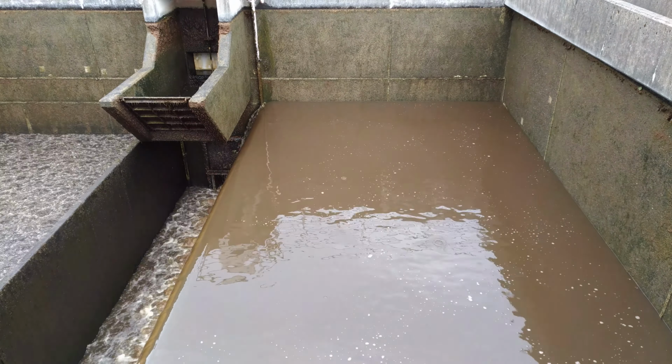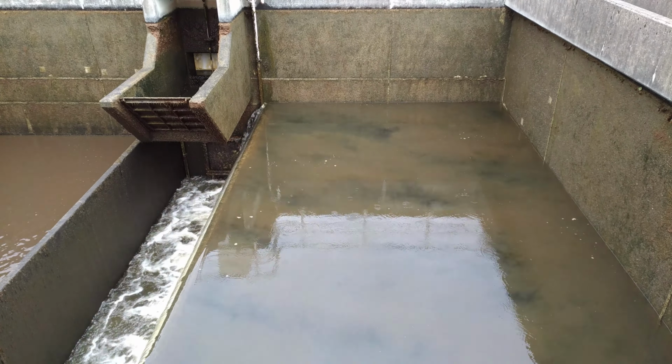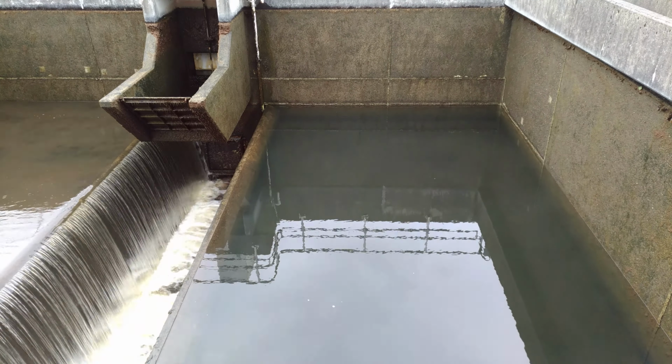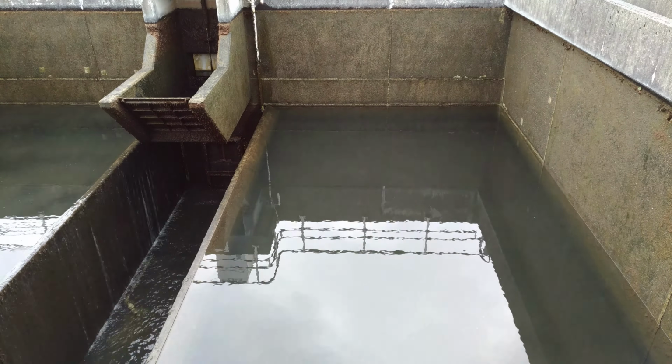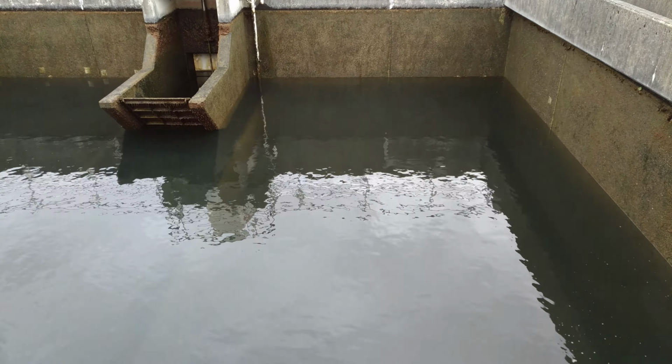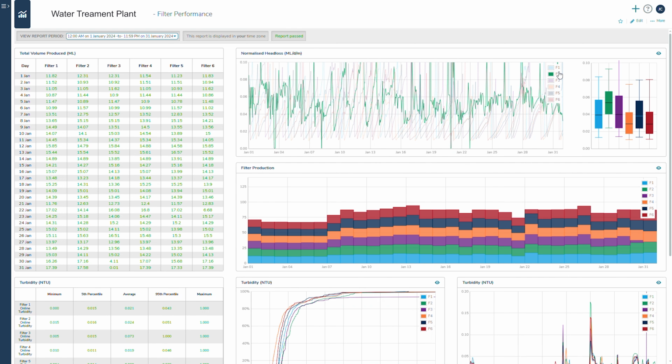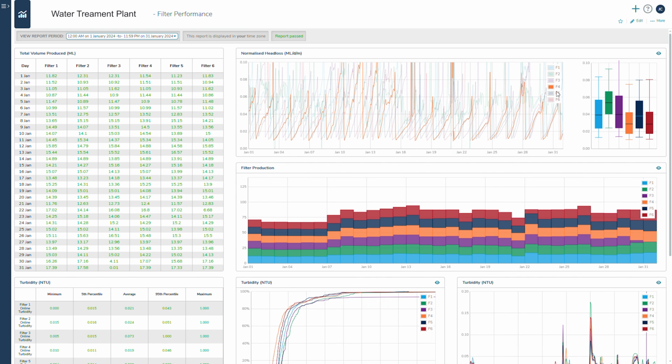I guess an example that I know about from the water side of the business as well is, again, speaking of filters, looking at their overall performance. So where you're plotting out a range of different filter banks, if you have more than one filter bank operating, you can start comparing one against the other. You can look at those head loss ratios, you can look at those efficiencies.